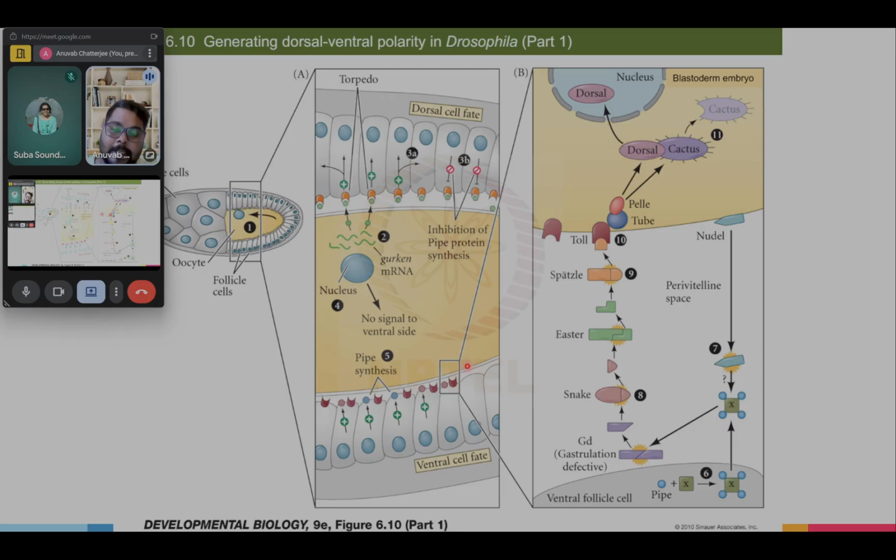But essentially all of this started with the Gurken signal not being received on the ventral side, Pipe being synthesized, the entire cascade, Dorsal going into the nucleus, causing ventralization of this part of the embryo.